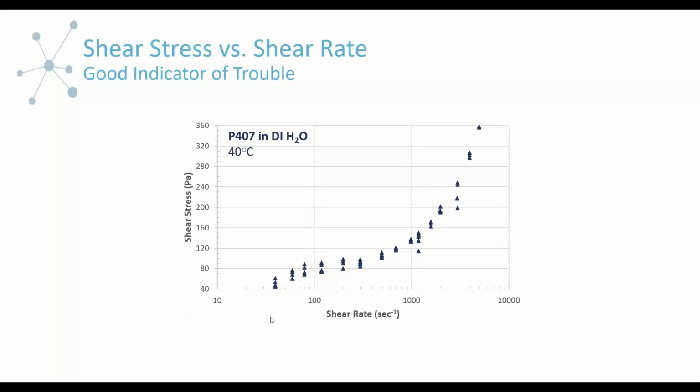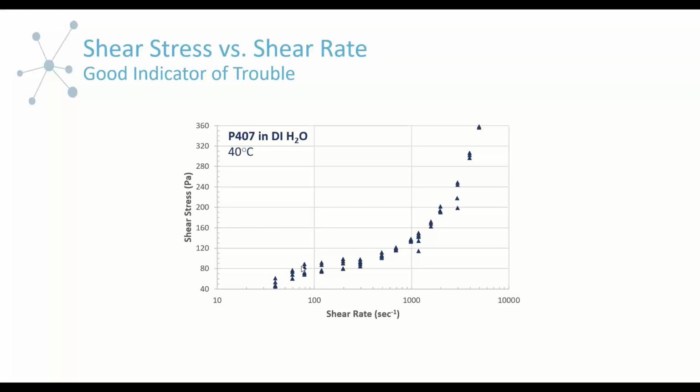And when we look at shear stress as a function of shear rate, one of the signs that we get from this particular plot is that we have this region here where the shear stress is pretty much independent of the shear rate. And this is a sign of a problem.